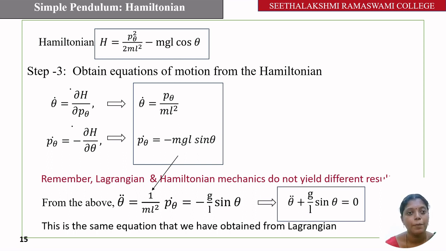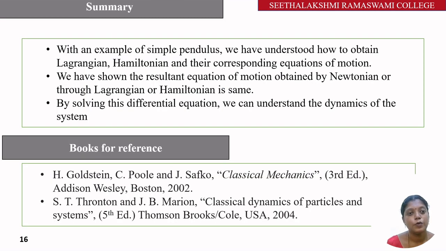Newtonian, Lagrangian and Hamiltonian are three different mathematical formulations that help to study the state of the system. Ultimately the result is the same, the dynamics is the same, so the equation of motion is the same, only the mathematical technique is different. So I conclude my talk.